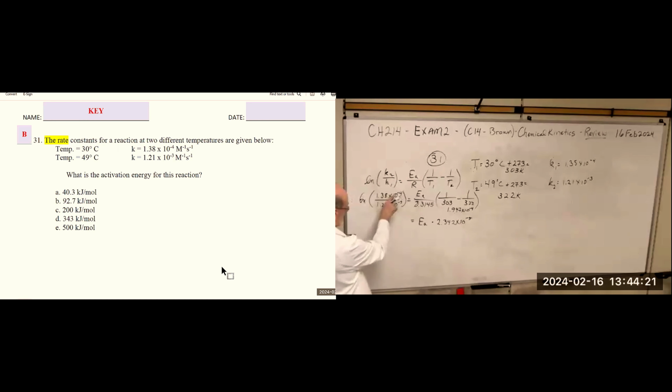This side we have that quotient 1.38 times 10 to the minus 4 divided by 1.21 times 10 to the minus 3. And that one is 1.140 times 10 to the minus 1. And then we take the natural log of it. This is minus 2.171.